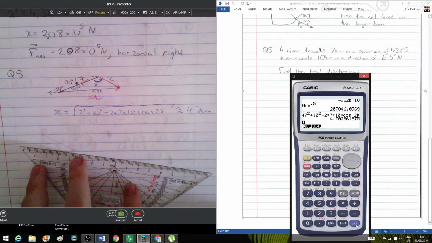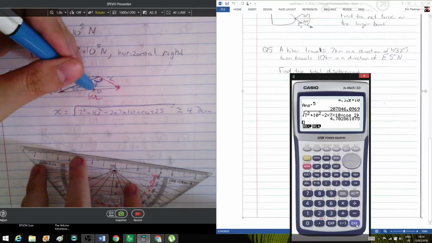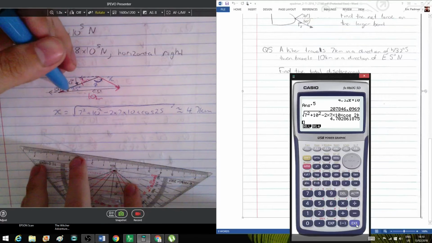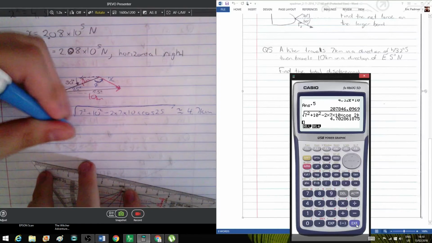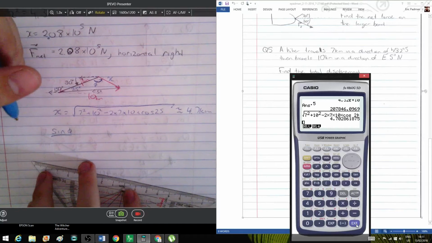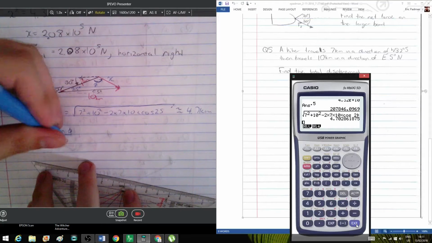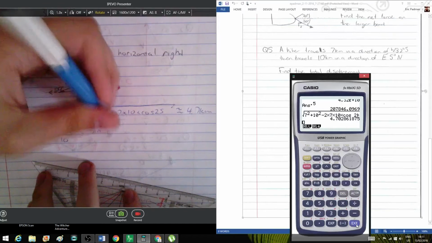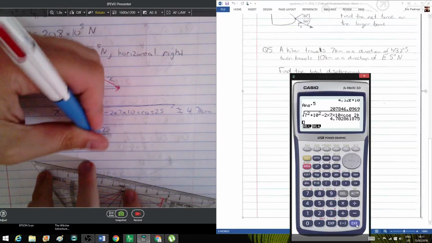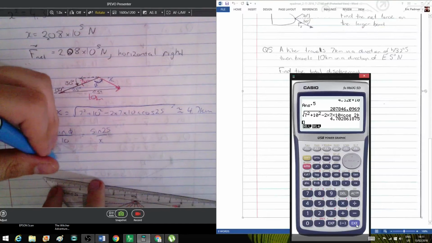Then that is opposite the length of 10, and we're going to have to use what we just found here. So we're going to use the sine rule for this. So we're solving sine phi over 10 equals sine 25 over x.